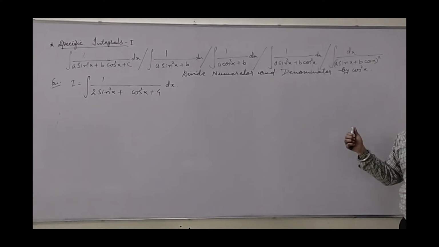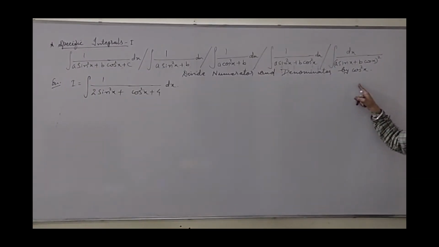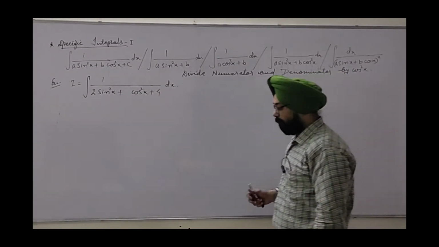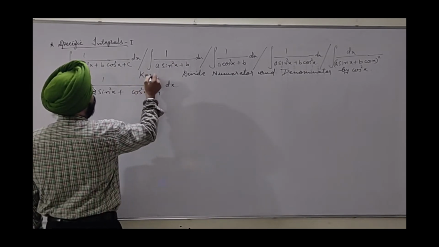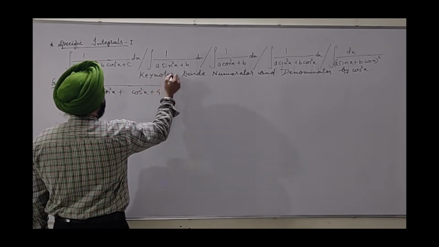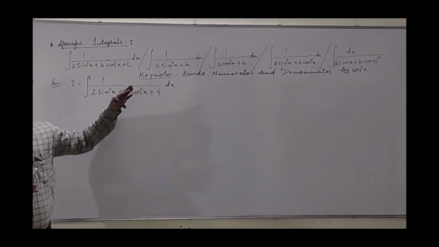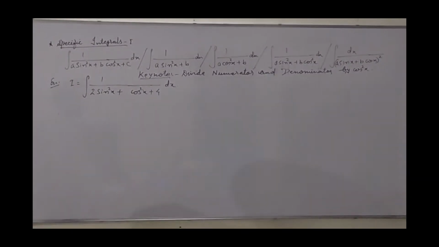We can divide by sin square also, doesn't matter, but one method: divide numerator and denominator by cos square x. This must be the keynote for you, because this is the step with the help of which we can initiate and go ahead. So how to do that?